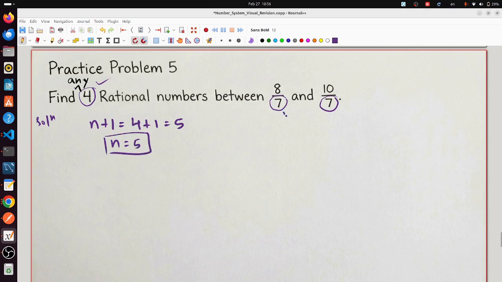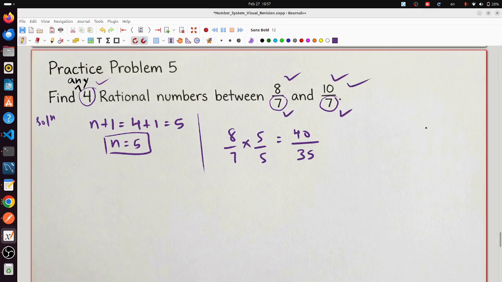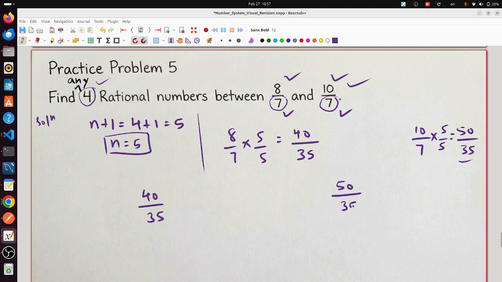Now when the denominators are the same, that is 7 and 7, we need to multiply both 8 by 7 and 10 by 7 with 5. 8 by 7 into 5 by 5: 8 times 5 is 40, 7 times 5 is 35. 10 by 7 into 5 by 5: 10 times 5 is 50, 7 times 5 is 35. What we got: 40 by 35 and 50 by 35.